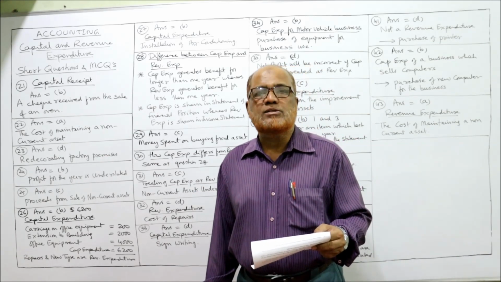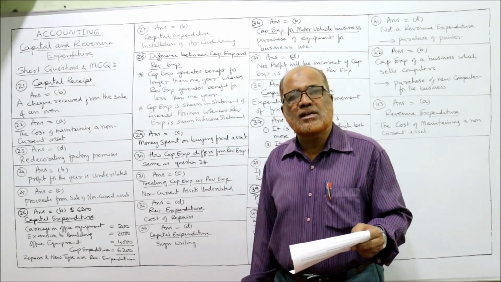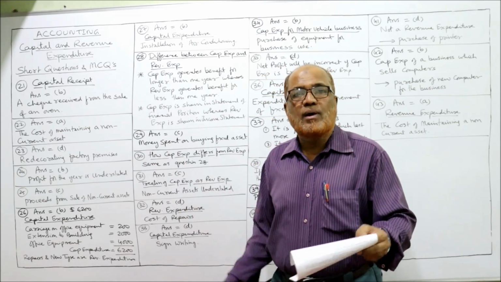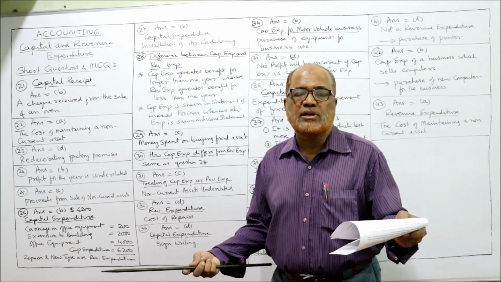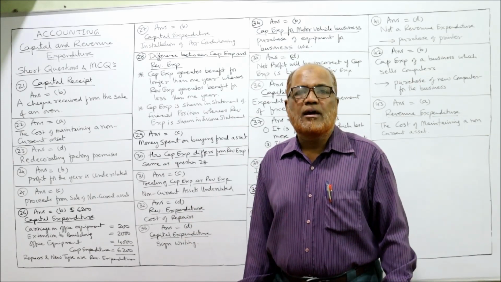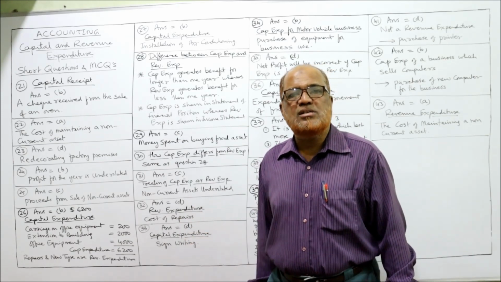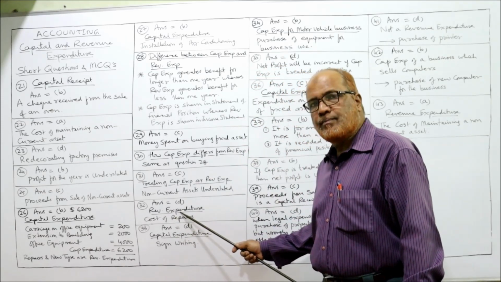It's a capital expenditure. Cost of installation. It's a capital expenditure. Cost of the machine. It's a capital expenditure. When 3 are capital expenditure, the last one is revenue. Cost of repair. Repairing expenditure is a revenue expenditure. So cost of repair is a revenue expenditure.